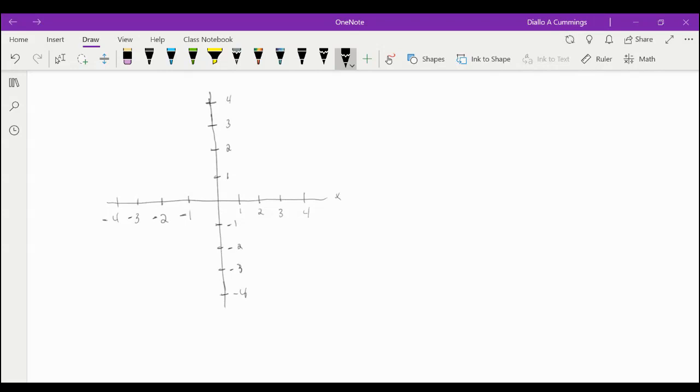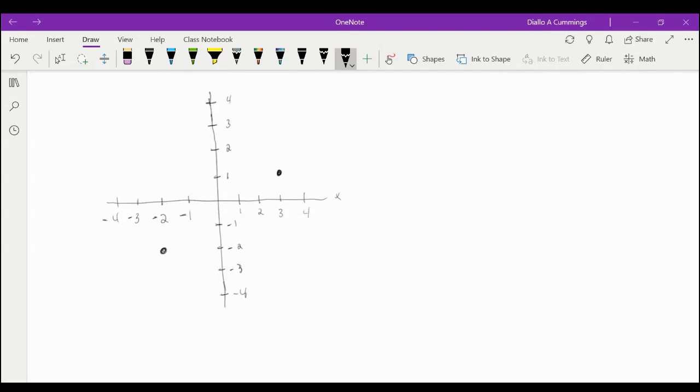So I am going to put a point here at -2, -2. And I'm going to put a point here, and that's at 3, 1.